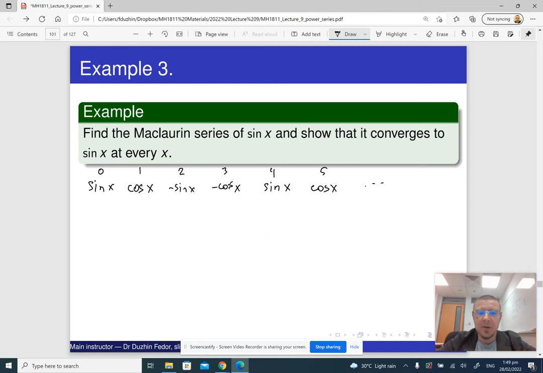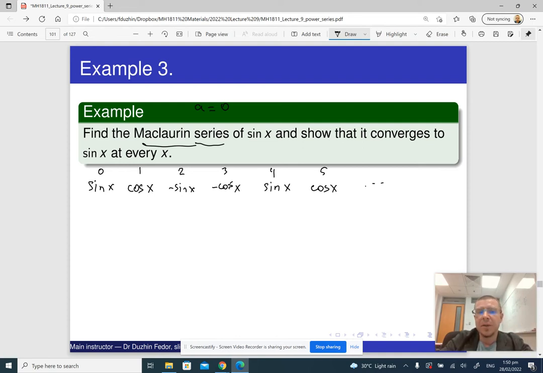Maclaurin series means that a is 0, right? So we are finding powers of x. We need to show that it converges to sine x at every x.